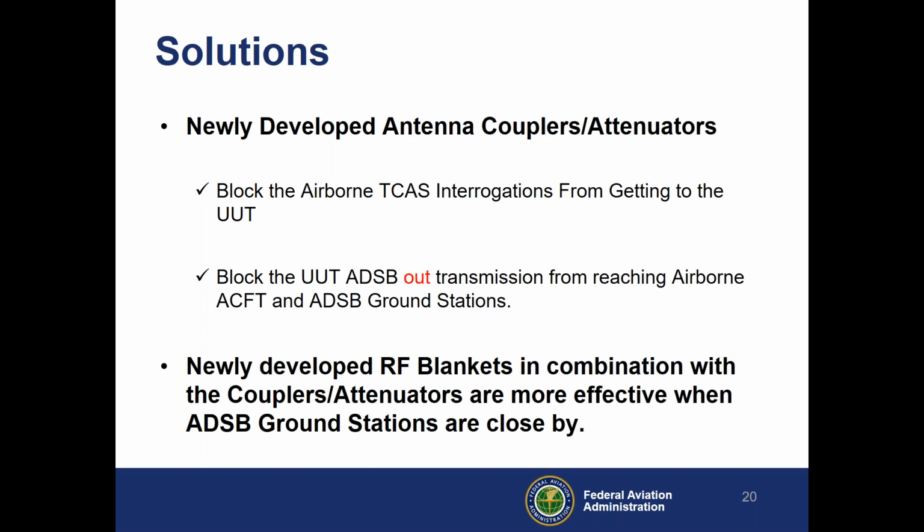In addition to our RF couplers, what we have discovered, and I'll get into this more in another slide, is that since there is RF leakage, you may need additional attenuation, either by testing indoors in your hangar or using some RF fabric or RF type blankets. So the next slide, please.